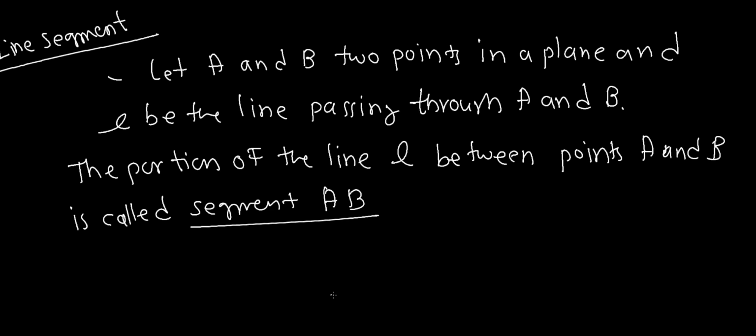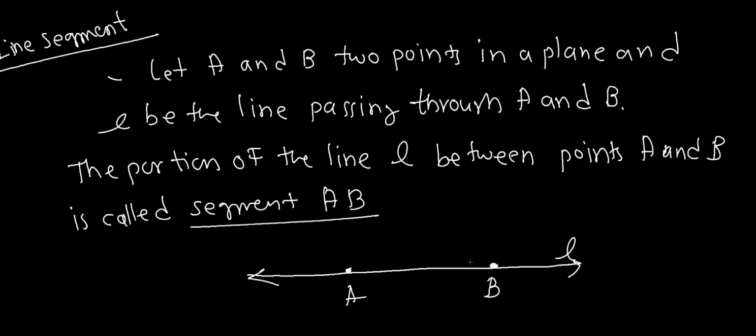So let A and B be 2 points in a plane and line L passing through these 2 points. The portion of the line L between the 2 points, the portion between A and B, is called a segment.